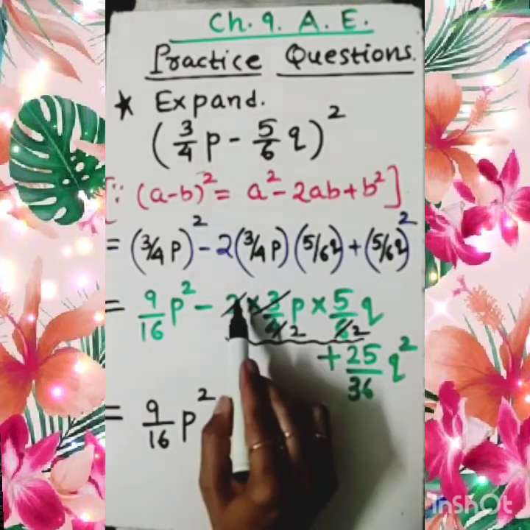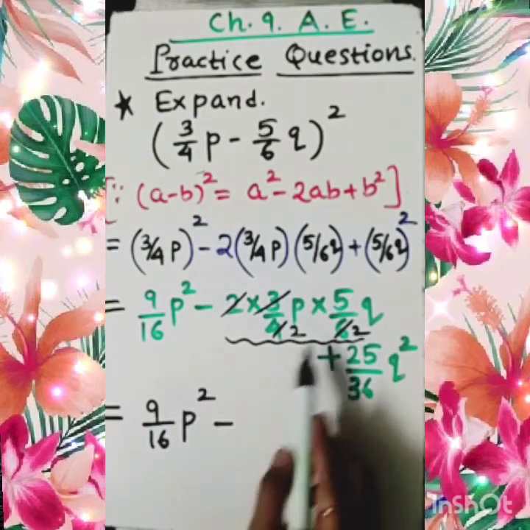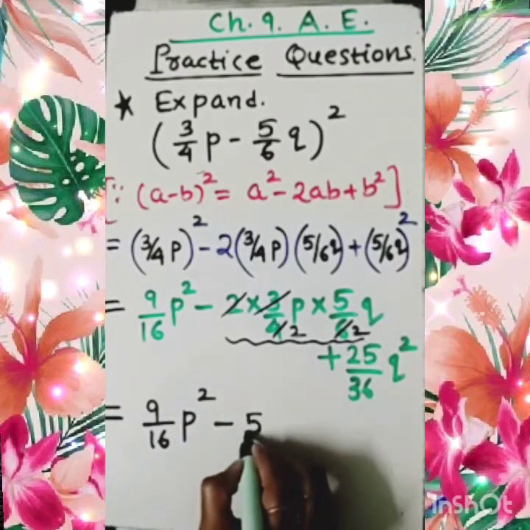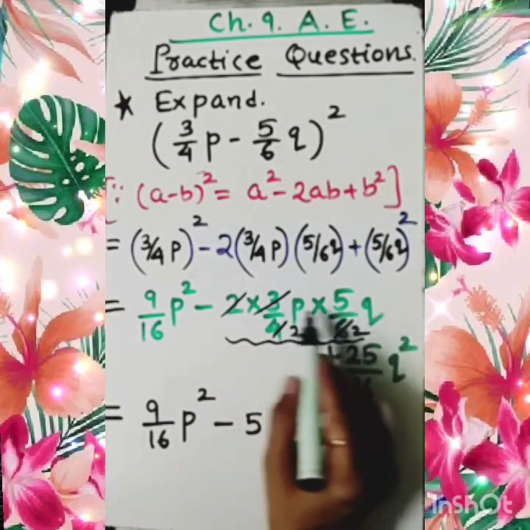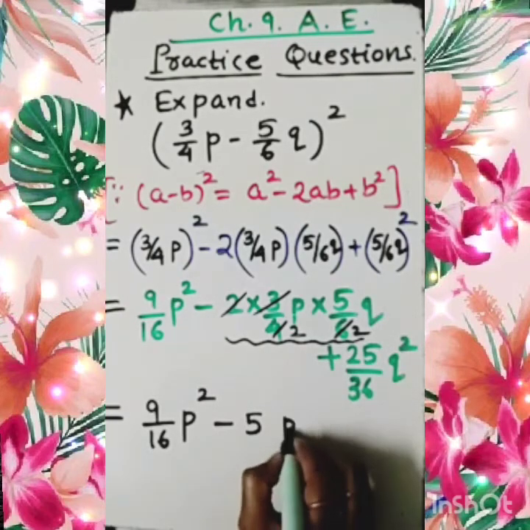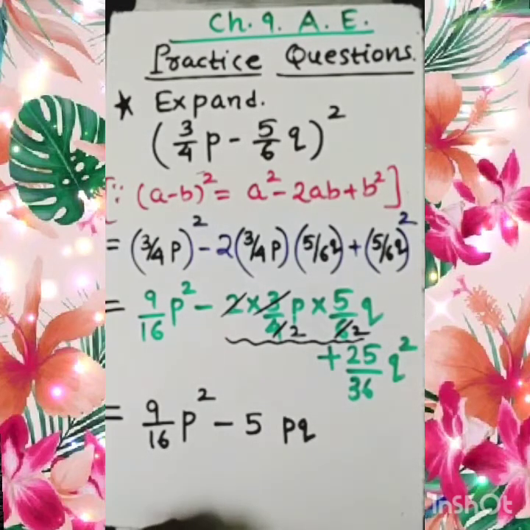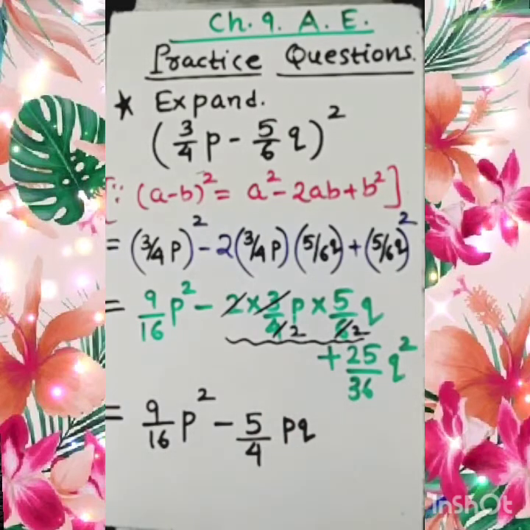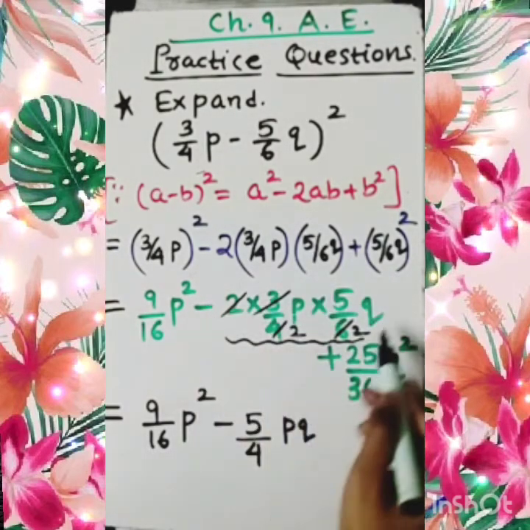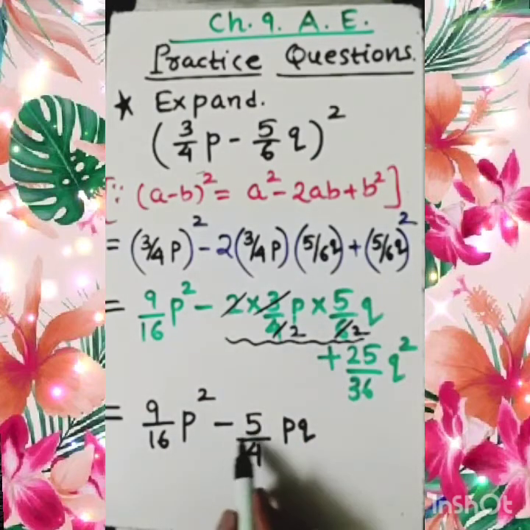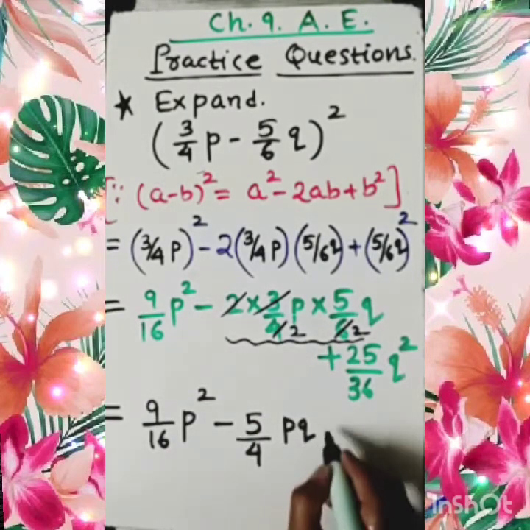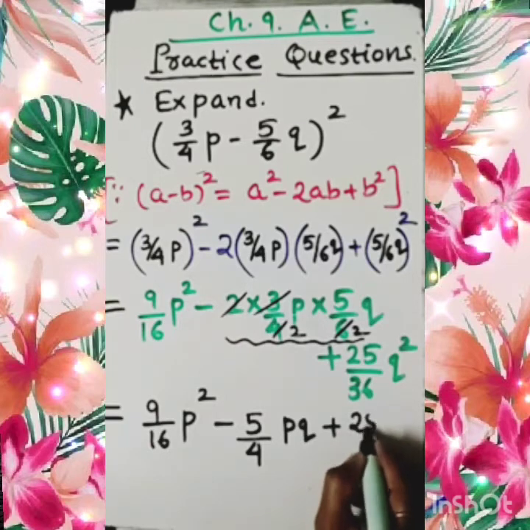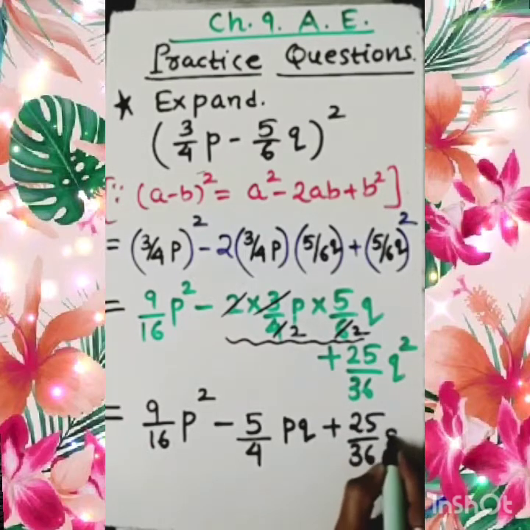Now what is left in the numerator? You can see the numerical part is 5 and this variable p and q, of course we need to write in numerator. But in denominator 2 2 are 4. So I need to mention it here. So the simplification of this middle term is coming minus 5 by 4 pq plus 25 by 36 q square.